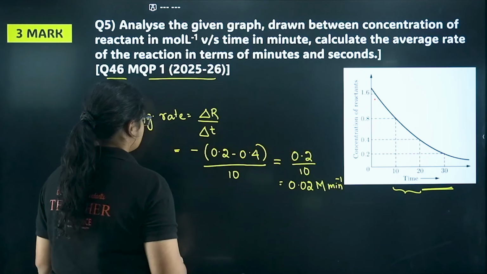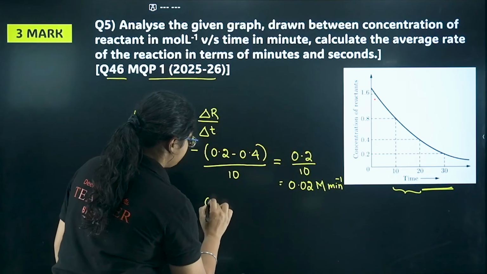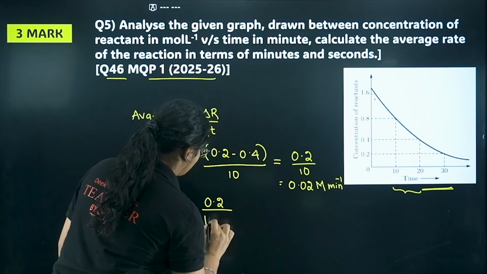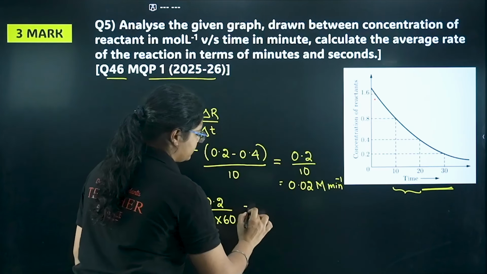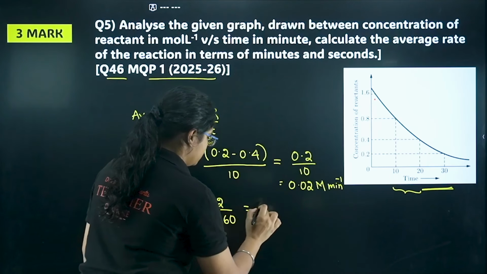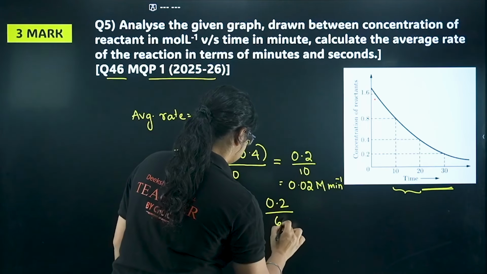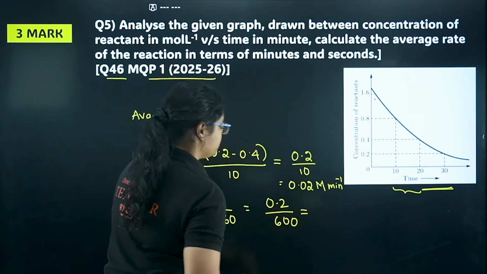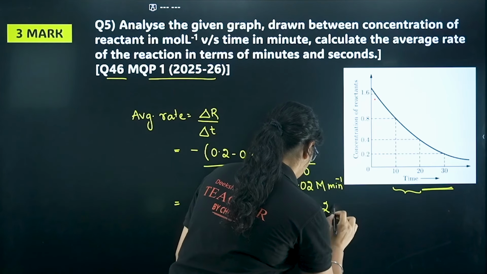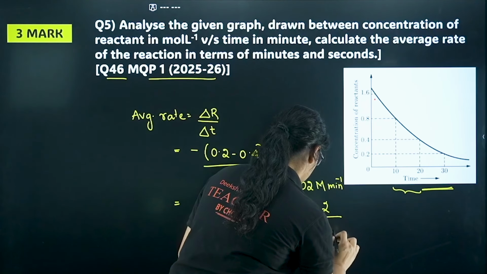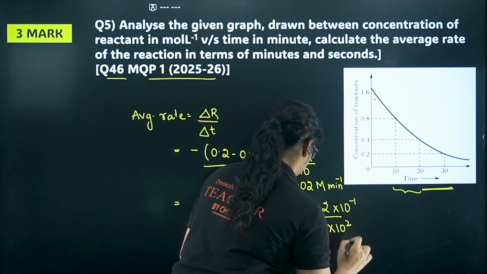Now considering the average rate in seconds, it will be 0.2 by 10 minute into 60 seconds. You just need to convert this. So you will get 0.2 divided by 600, which you can write as 2 by 6 into 10 to the power of 2 and here 10 to the power of minus 1.